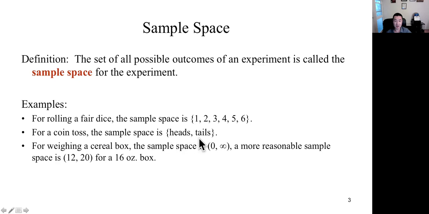No other outcomes possible. Or if we weigh a cereal box, the sample space should be 0 gram to infinity. But for a box of 6-ounce cereal, the sample space may be somewhere between 12 to 20. So again, a sample space is defined as all possible outcomes for a certain experiment.